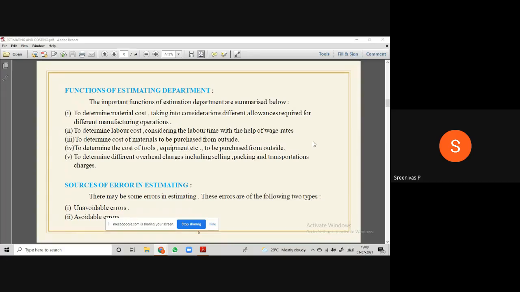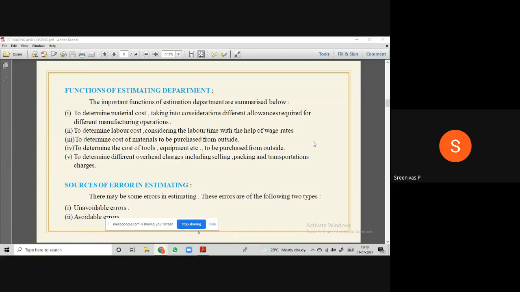In order to prepare internal threads, first of all, what must we do? We must perform a drilling operation. After the completion of the drilling operation, we must go for a reaming operation. After the completion of the reaming operation, we must go for tapping.